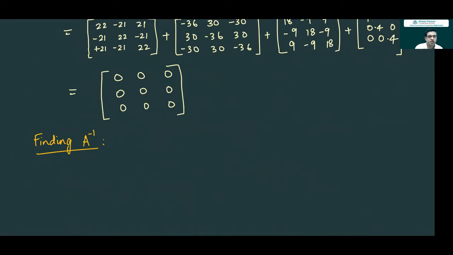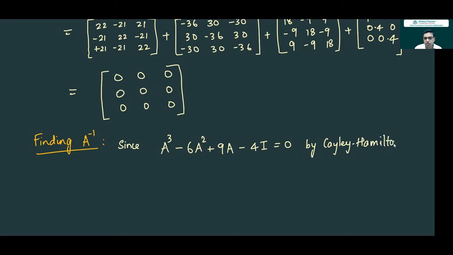Since A cube minus 6A square plus 9A minus 4I equals 0, by the Cayley-Hamilton theorem.